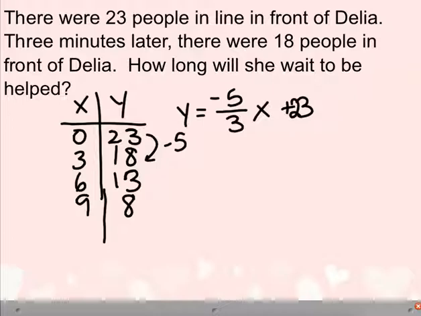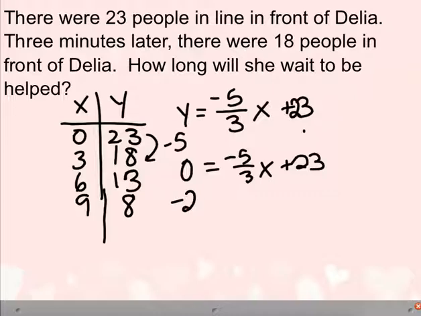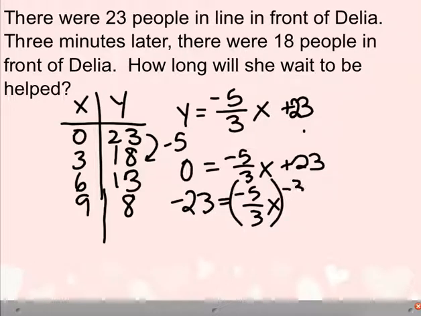We can still figure out how long she'll wait to be helped, because we're starting at 23 people, and we're trying to get to the 0 amount of people. So 0 equals -5/3 x plus 23. So if we do that, -23 equals -5/3 x. So we multiply by -3/5.